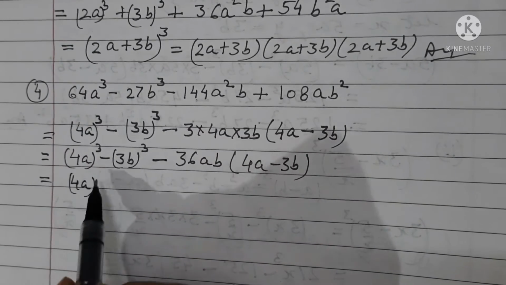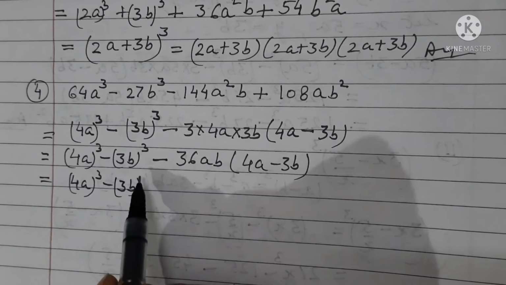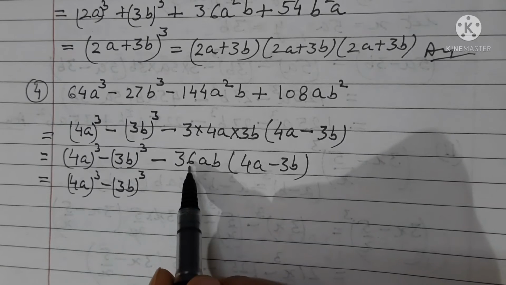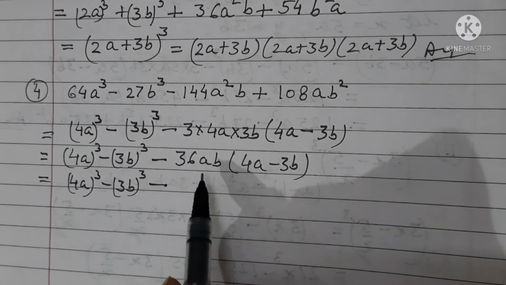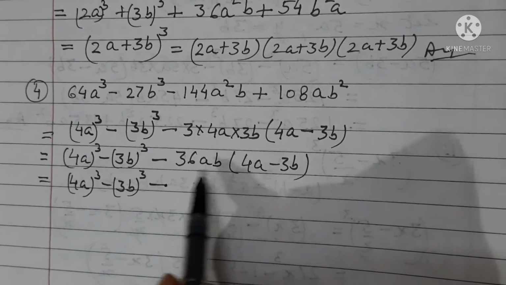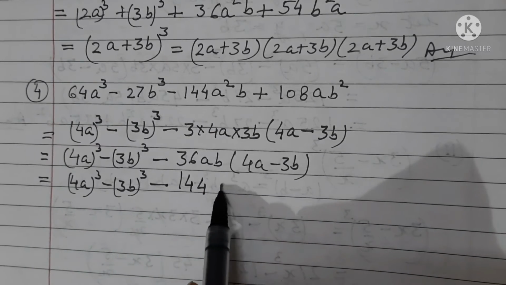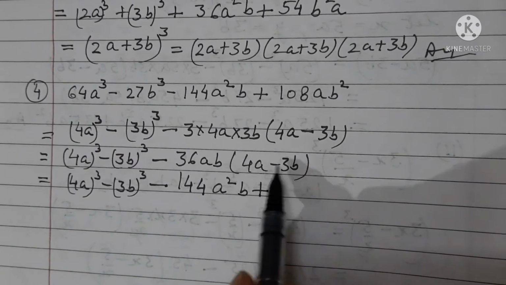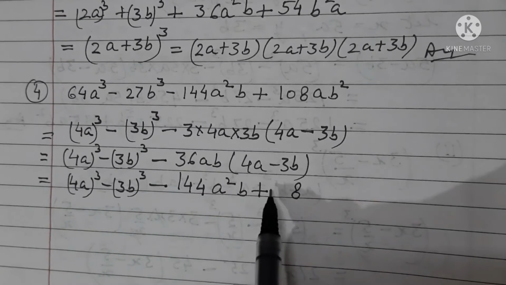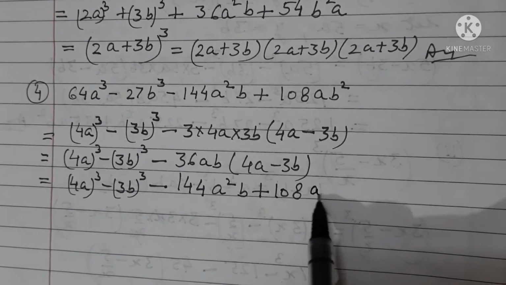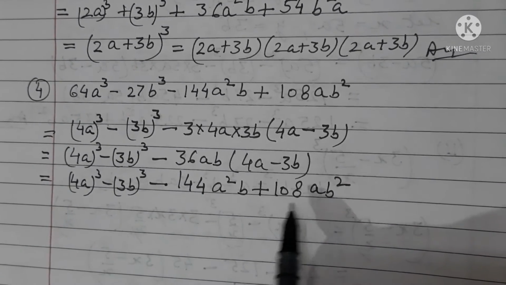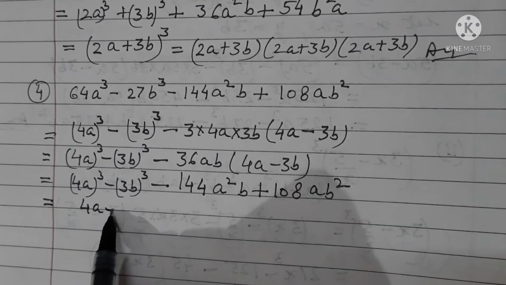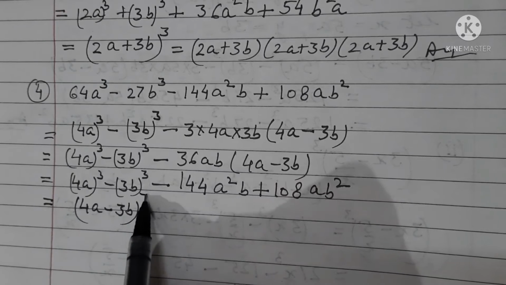Now multiply and open this bracket. 4 times 16 and sign minus, 144a square b, minus minus plus, 3 6s are 18, 3 3s are 9, and 108ab square. So it is the identity of 4a minus 3b whole cube.